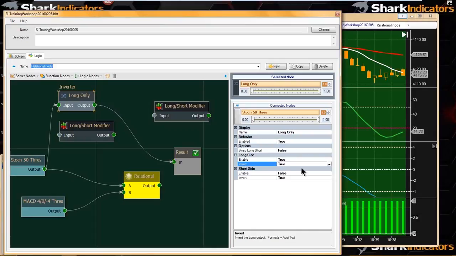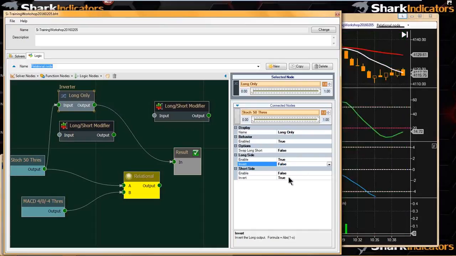And, hold on, I'm going to turn off all the inverters. There we go. So only the long side is passing through. The long side is set to true. The short side is set to false.